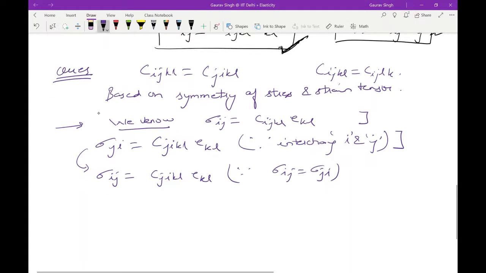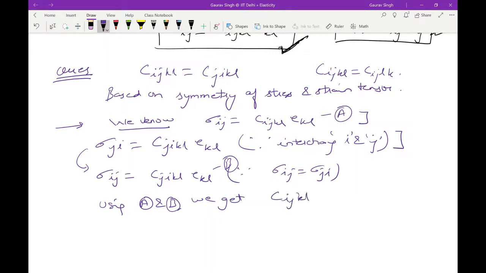Now you can use A and B, and using A and B, we get Cijkl minus Cjikl, times ekl, equal to 0.